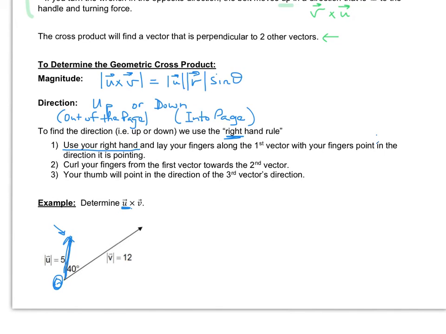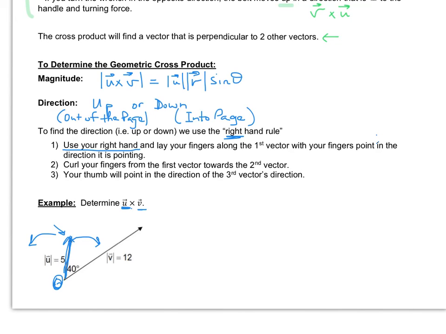Okay, and then you have to curl your fingers. You've got to be able to curl that right hand, the fingers, towards the vector that you are crossing it with, towards that second vector. So if you go to curl your fingers and your fingers are trying to curl that way, it means you've got to flip your hand over.